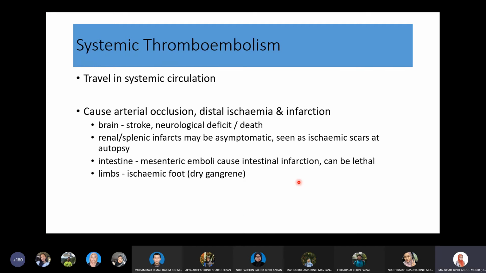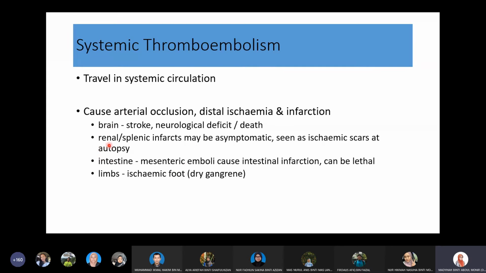So if the embolus occurs in the heart, it can go to the systemic circulation. It can cause distal arterial ischemia and infarction. The main organ that can be affected is the brain, causing stroke or neurological deficit.